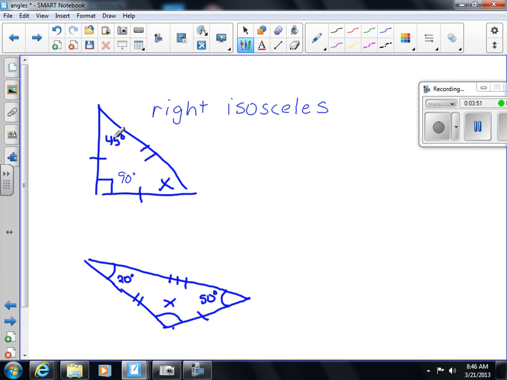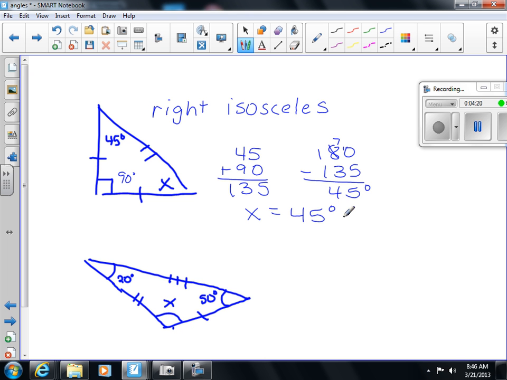First, what do I have with the two combined? 45 plus 90 gives you 135. Now, what am I going to do with that? 180 minus 135, and I get 45 degrees. So I know that x equals 45 degrees.